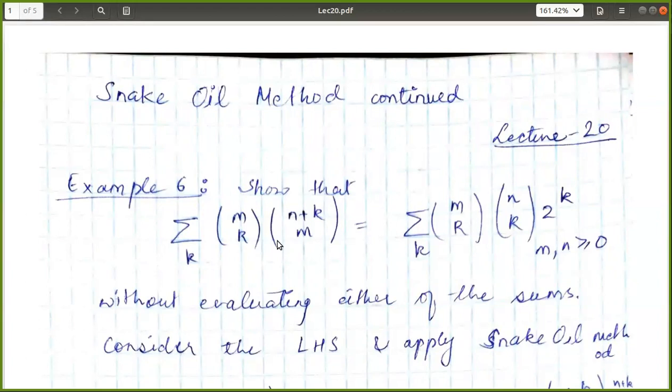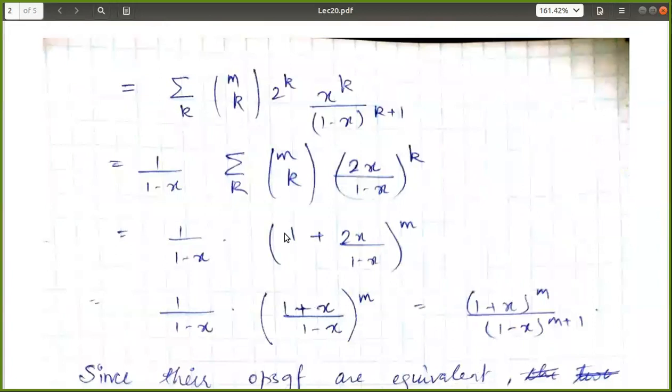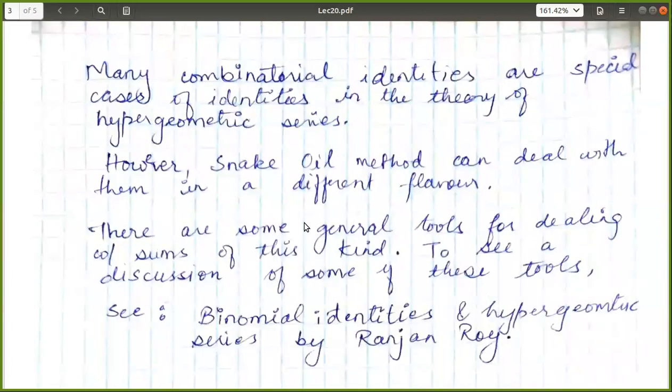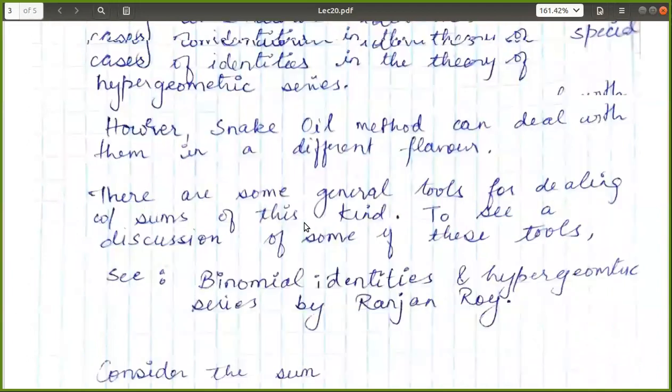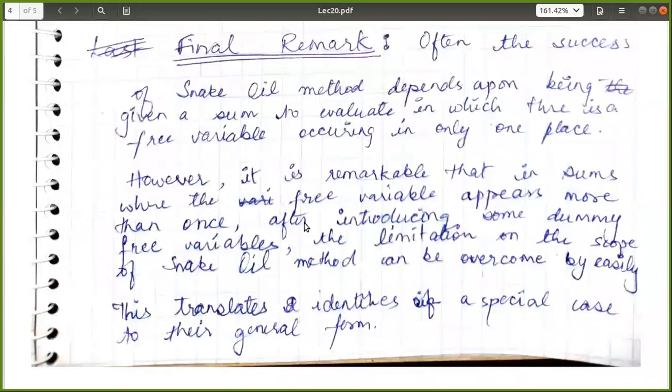Okay, ma'am. So cleverly enough, we try to reduce the number of terms dependent on a free variable. But how do we really do that? You start with the sums where the free variable appears more than once, and you introduce dummy free variables.